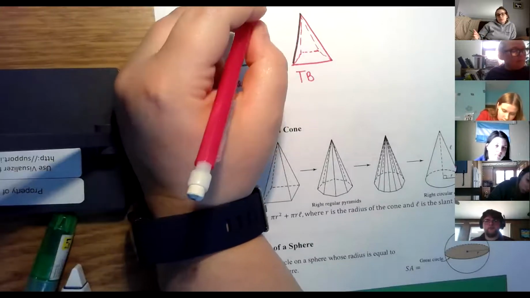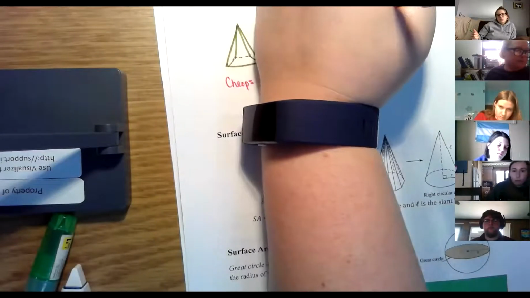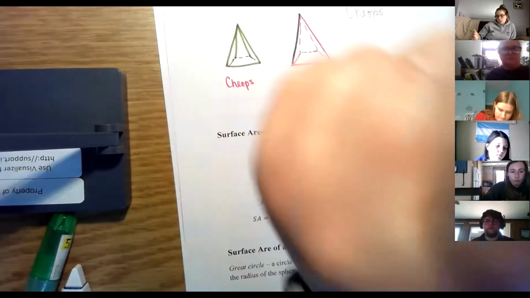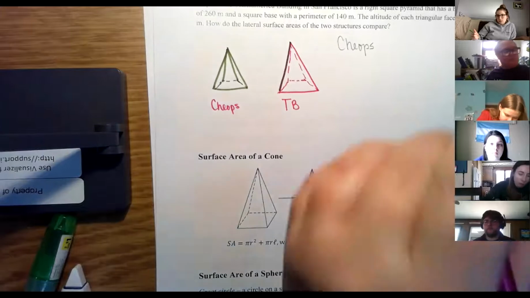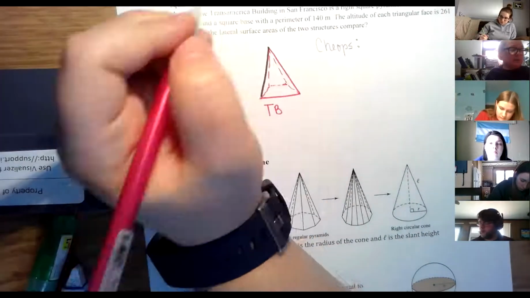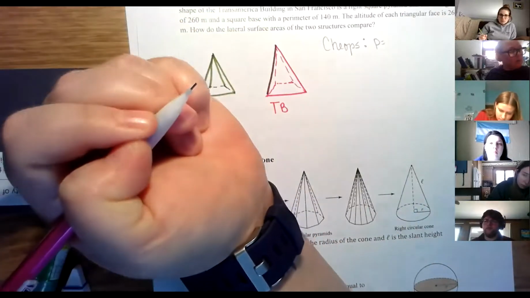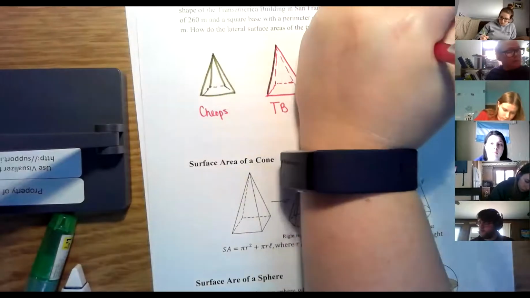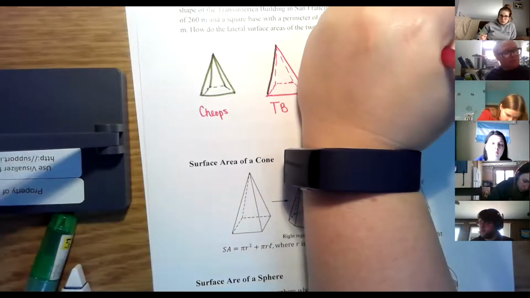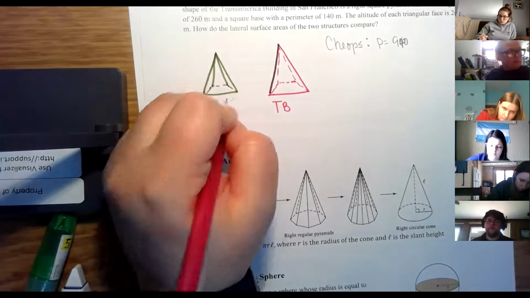So if I wanted to figure out the right pyramid for Cheops, if I look at the Cheops stats, it's a square pyramid, so that means its base is a square, and its perimeter is 940. So what is the length of this side?